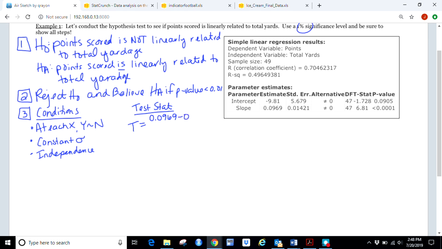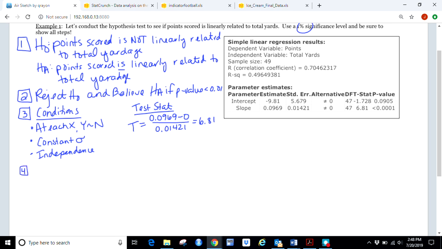We're assuming a slope of 0, so no relationship, and dividing by the standard error attached to the slope, which is 0.01421. When we do that math, we should get a t close to that 6.81 that you see here as well. Sometimes I mean to delete this number, so it's nice to know how to calculate that number as well.